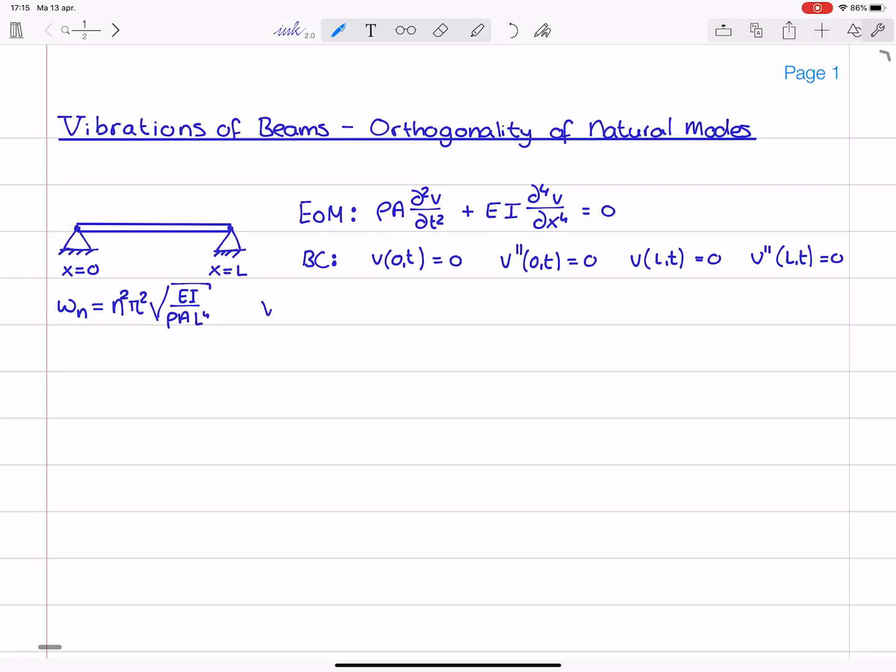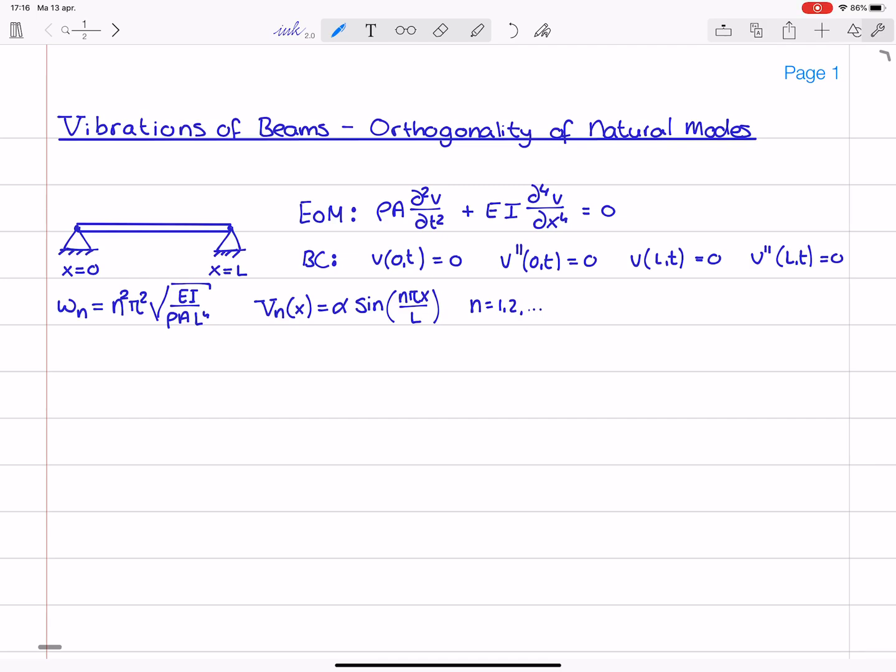And we also derived the expression for the natural modes, Vn. They are some arbitrary scaling coefficient times the sine of n pi x divided by L. And there are infinitely many of them, so n is 1, 2, etc.